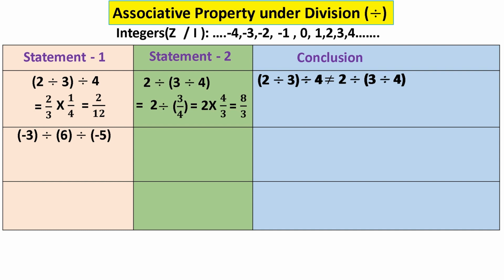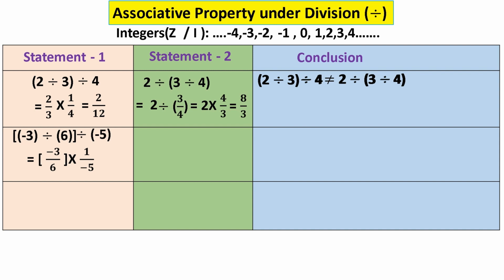Second example, take another three integers: minus 3 divided by 6 divided by minus 5. We divide the first two integers and we get minus 3 by 6, divided by minus 5.